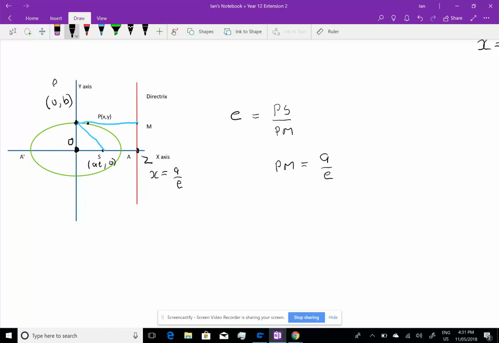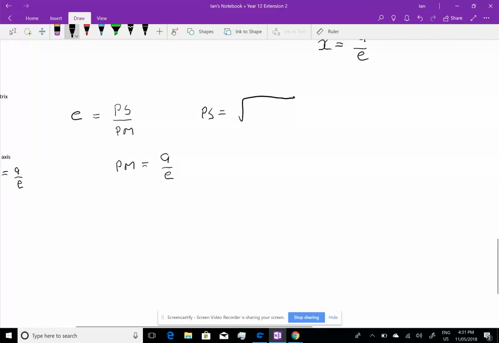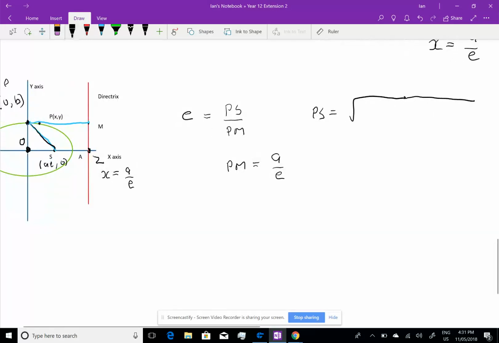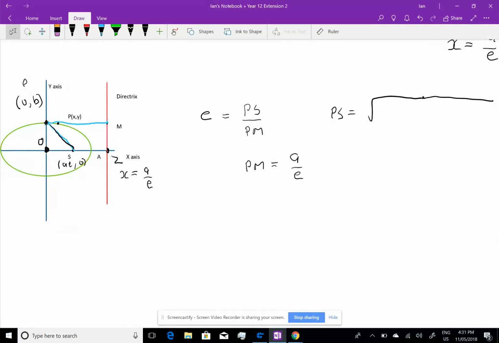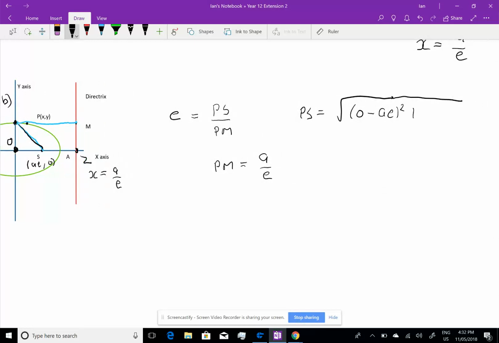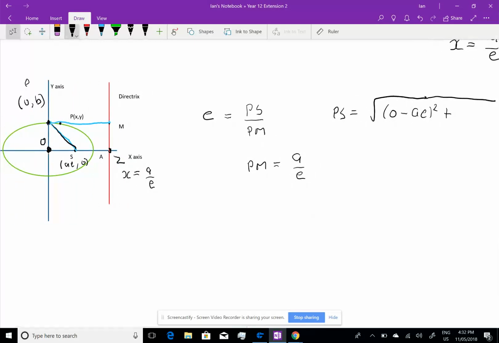Now what about this distance here? I can use Pythagoras. So PS equals the square root, just using the distance formula, of 0 minus AE, all squared, plus b minus 0, all squared, because remember this is 0b, 0.